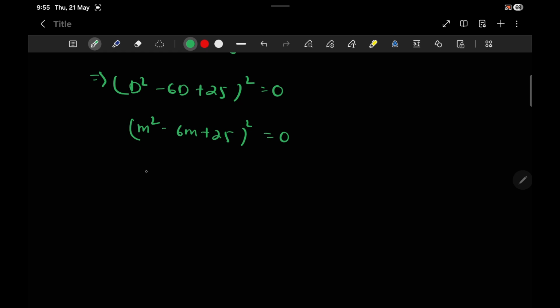After solving, m equals 6 plus minus root of 36 minus 100, divided by 2, that is 6 plus minus 8i divided by 2.